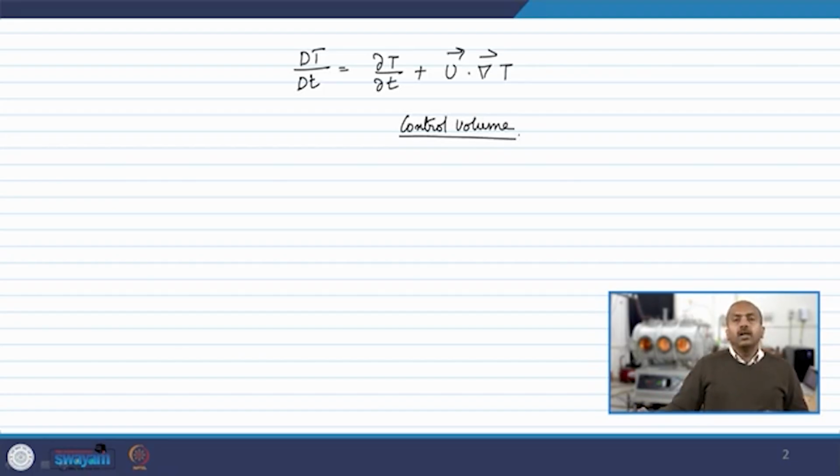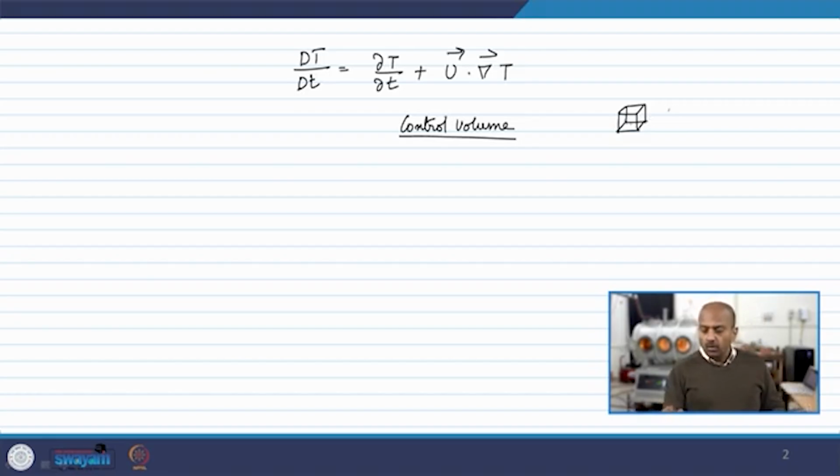In a fluid, the microscopic behavior, let us say at the level of each particle, each electron and ion, is irrelevant. We only consider the combined behavior of all these particles from a macroscopic point of view, for example. So, this control volume is the smallest element in the fluid which seems to be representing the entire fluid, right.